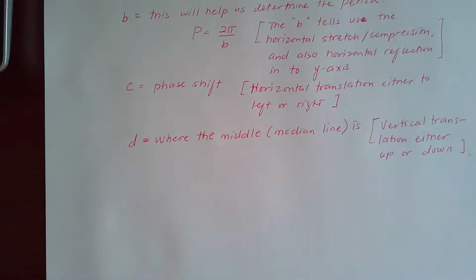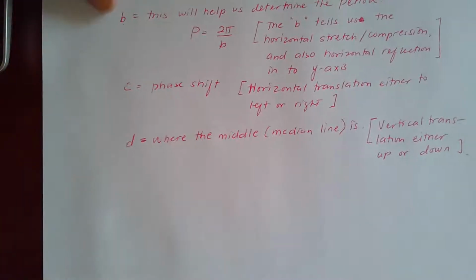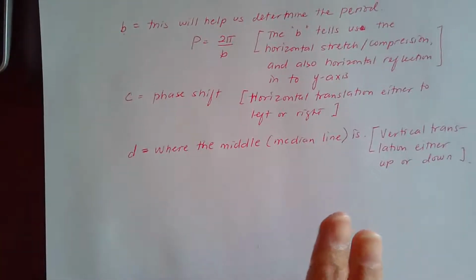The parameters A, B, C, and D describe how this sinusoidal function graph would look. So that's a review of what we talked about yesterday.